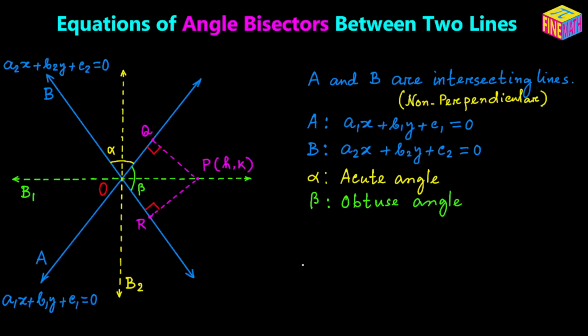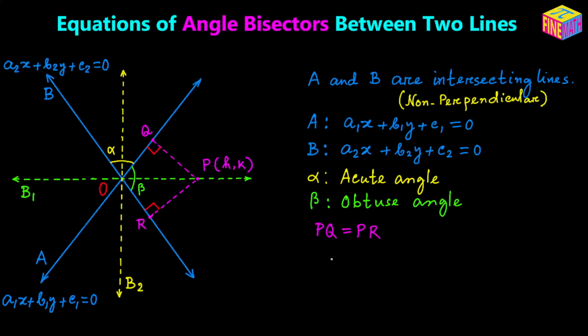Now if you look at the two triangles, OPQ and OPR, they are two right triangles and they have a common hypotenuse which is OP, and because P is such a moving point that it maintains equal distance from two intersecting straight lines, let's assume that the distances PQ and PR are equal. So now we have two right triangles where the hypotenuse is common and also one other corresponding side is of equal length. Then obviously the two right triangles are congruent triangles.